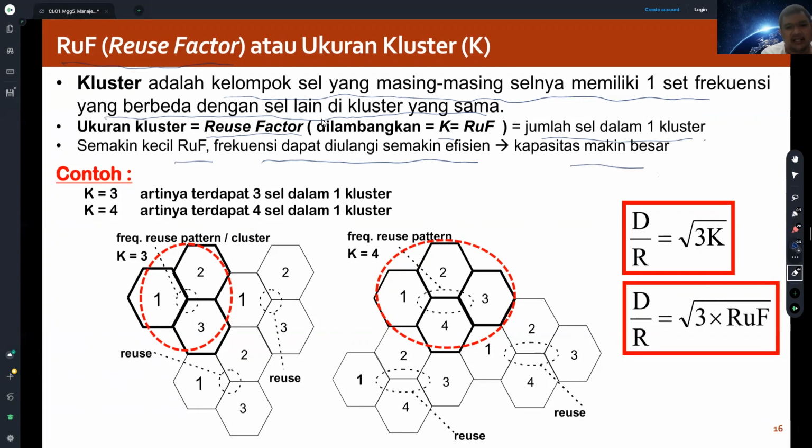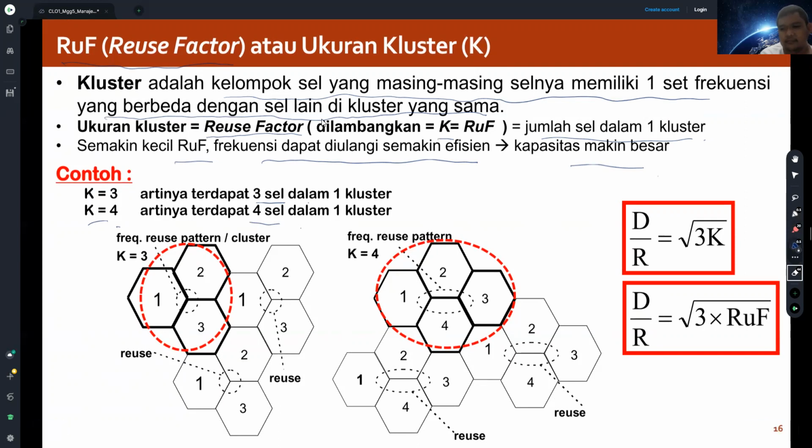Okay. For example, if we are talking about K equal to 3, it means that within one cluster there will be 3 cells. If we are talking about K equal to 4, then within one cluster there will be 4 cells.